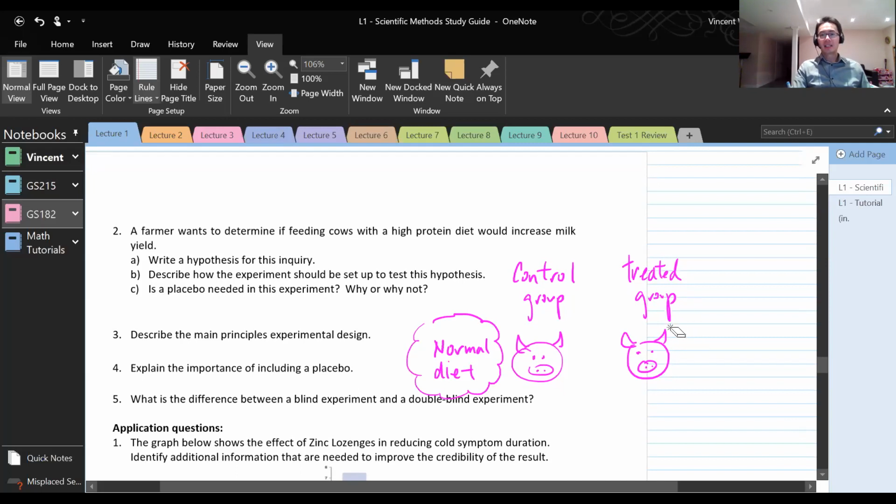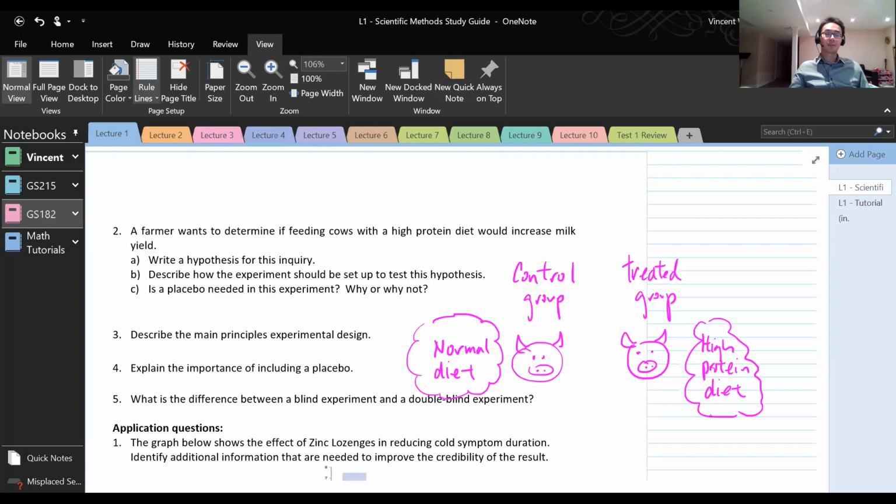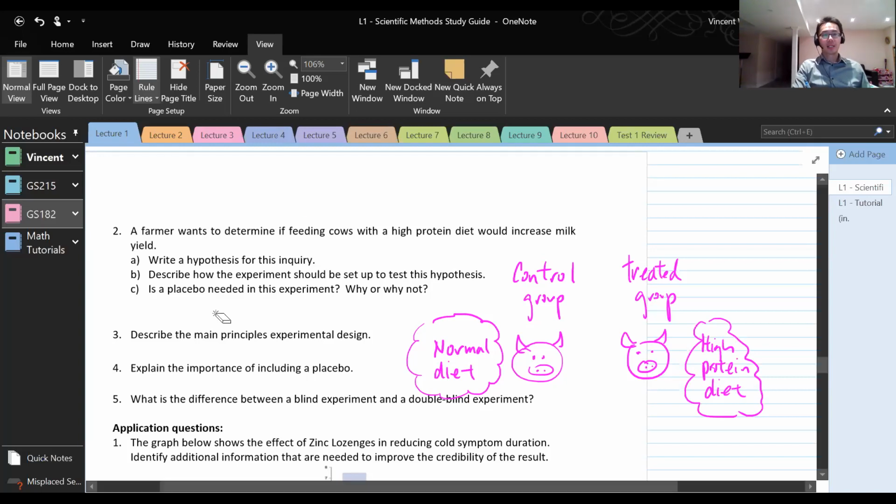Okay, and then for the treated group, it would be high protein diet. Right? So it will be everything else but extra protein. Okay, high protein diet. Okay. And then we will check the milk yield later. Okay, we'll find out if they're going to produce more milk or not.